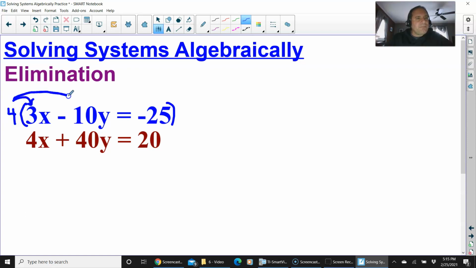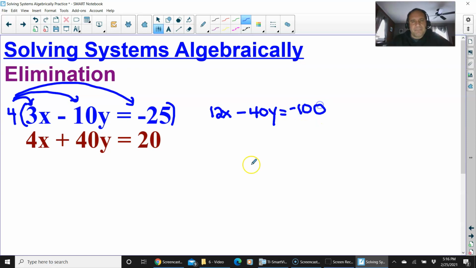So just take a look. If I do distributive property, and I have to do distributive property to all 3 terms inside the parentheses, it is 12x minus 40y and then equals negative 100. That's exactly what it is.